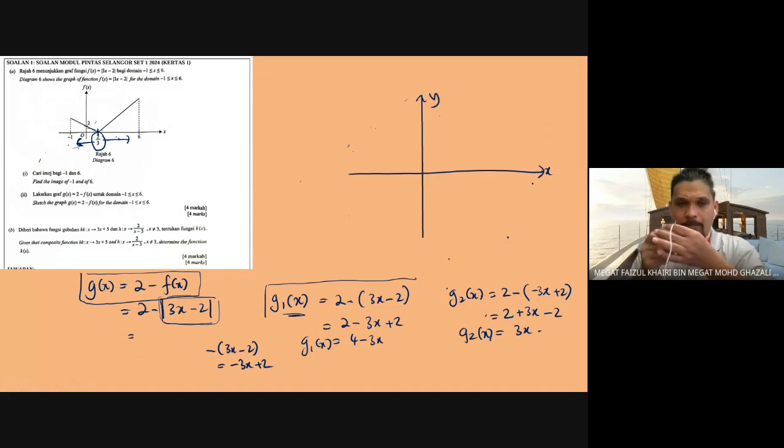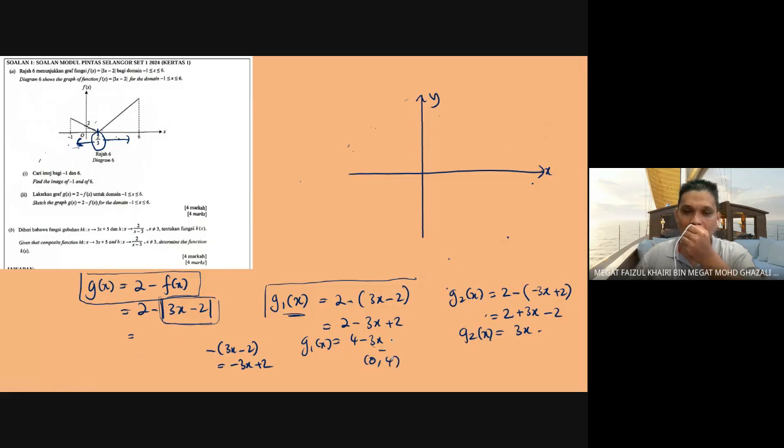Okay, so the first function is 4 minus 3x. So when x equals 0, y equals 4. Good. (0, 4).